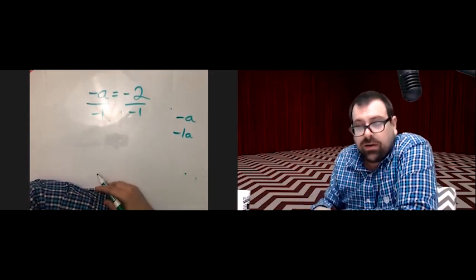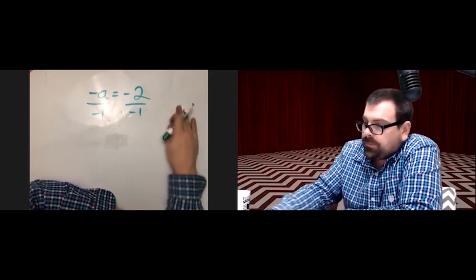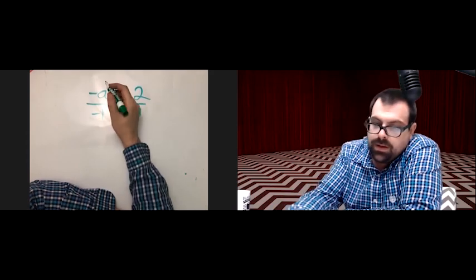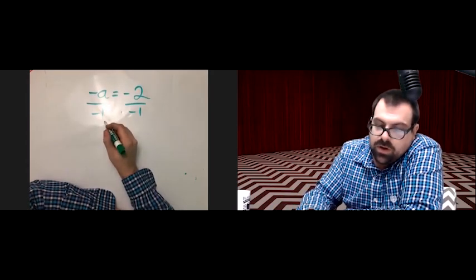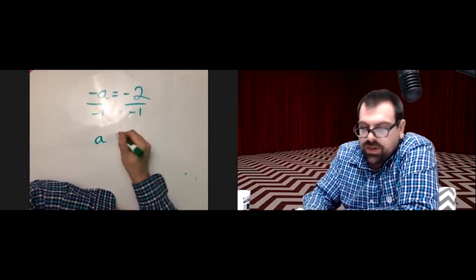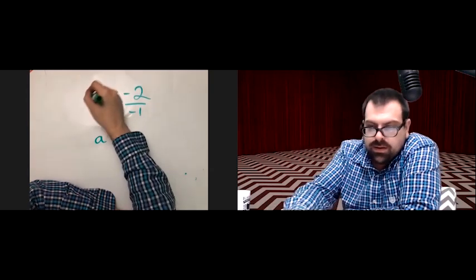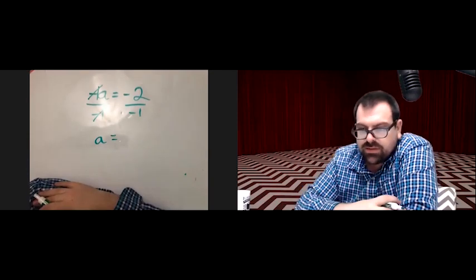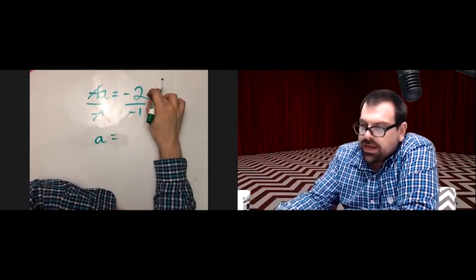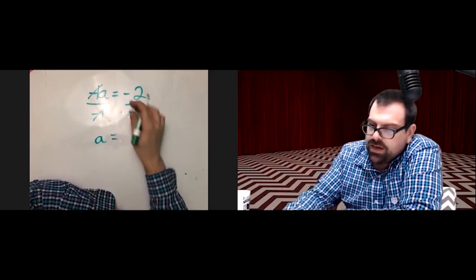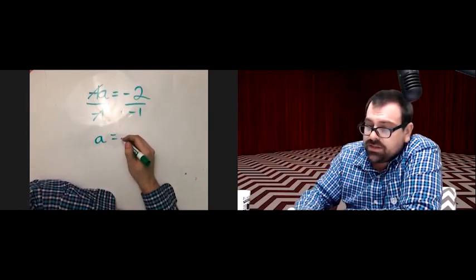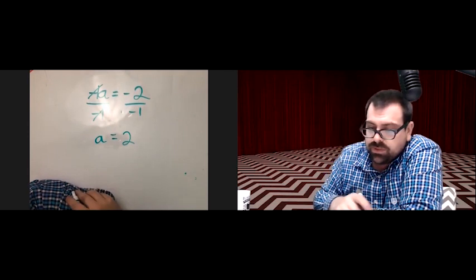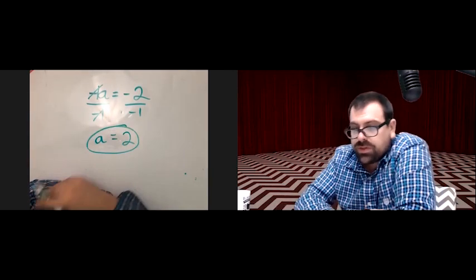Divide by -1. That's going to just leave us with a, because if you imagine that's a -1, those negative ones cancel. -2 divided by -1. Negative divided by negative is positive. 2 divided by 1 is 2. So a equals 2.